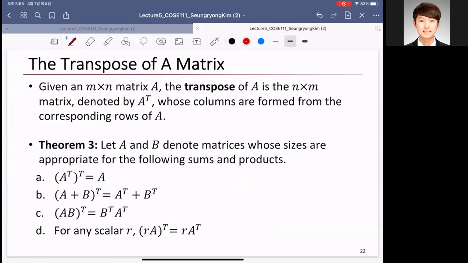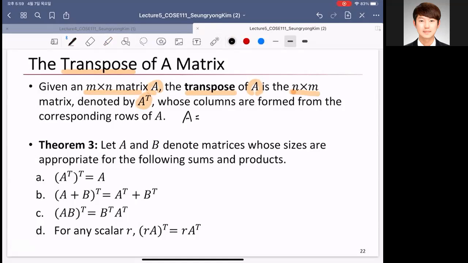Right. And one more thing is the transpose of matrix A. Given an m by n matrix A, the transpose of A is the n by m matrix denoted by A transpose, whose columns are formed from the corresponding rows of matrix A. What does it mean?